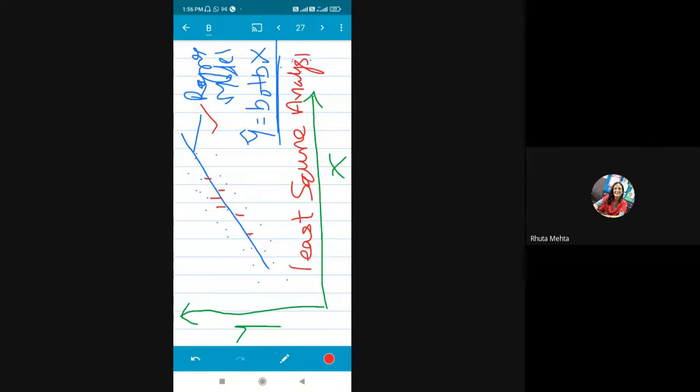Make sense now? Why is it known as least square analysis? If you check the deviation, the blue dot is the real value, and this red one is the difference between my model and the actual. So I try to draw this imaginary line, or regression model, in such a way that the errors and the square of errors, because error is very small, are minimum.